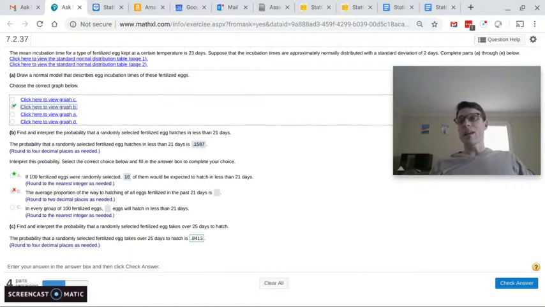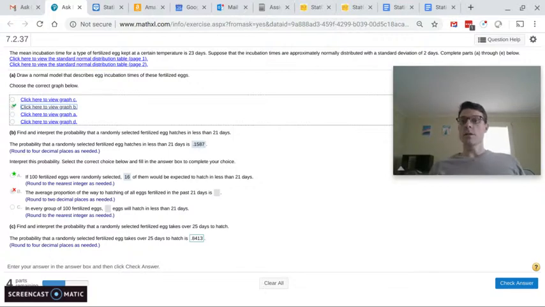If we had 1,000 eggs, we'd expect about 160 of them. 10,000 eggs would be 1,600. About however many you sample, about 16% of them are going to incubate in less than 21 days.